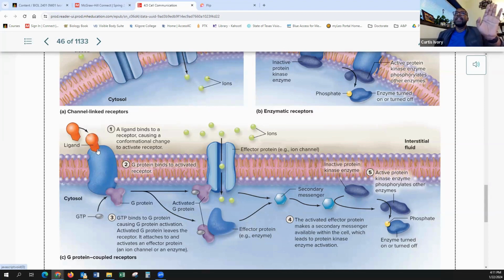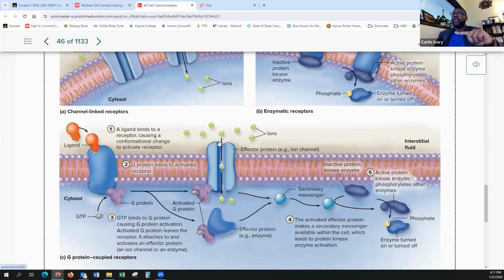That butler then takes that mail to another person on the inside of the house, and that is essentially how this works. The ligand is the mailman, which just delivers the message but never gets to come into the house, so it never crosses the membrane. The butler, which is the G protein, takes that message to someone else in the house, and it causes a response.